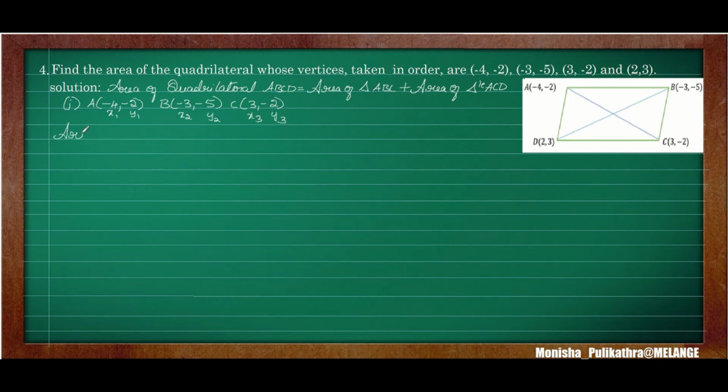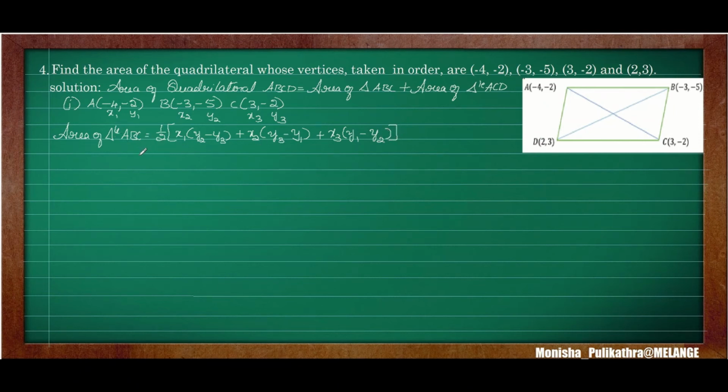So area of triangle formula is area of triangle ABC is equal to half into x1 into y2 minus y3 plus x2 into y3 minus y1 plus x3 into y1 minus y2.